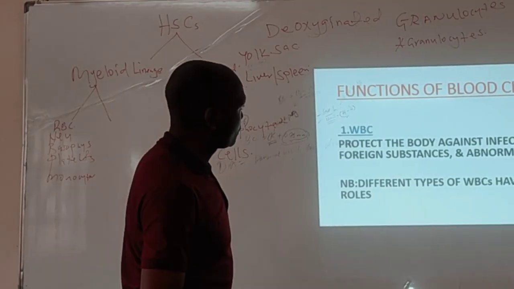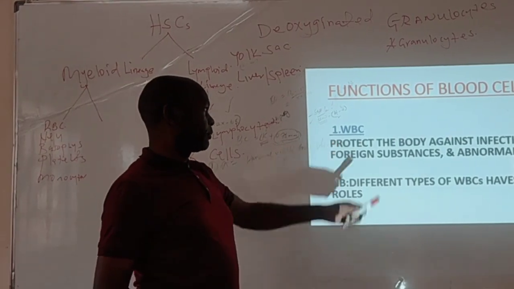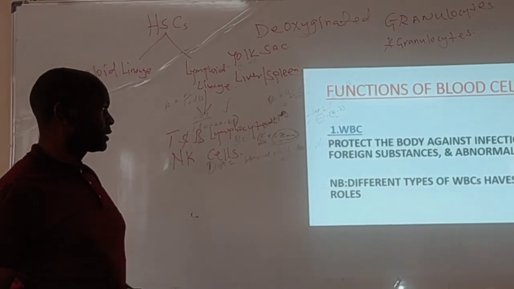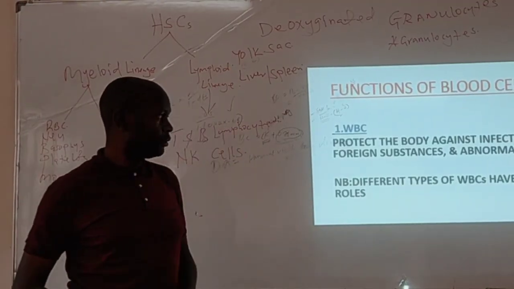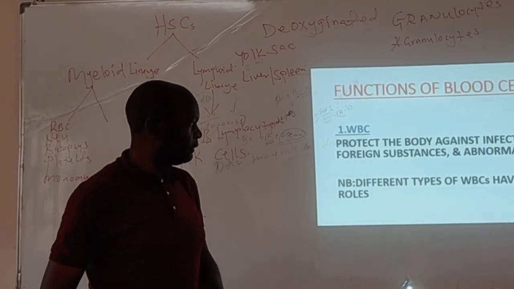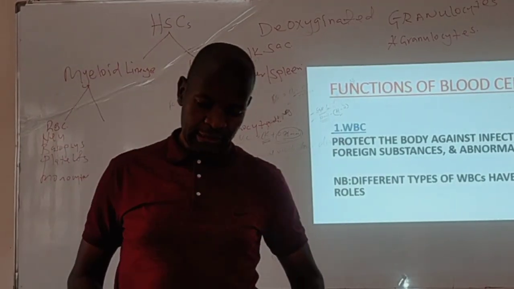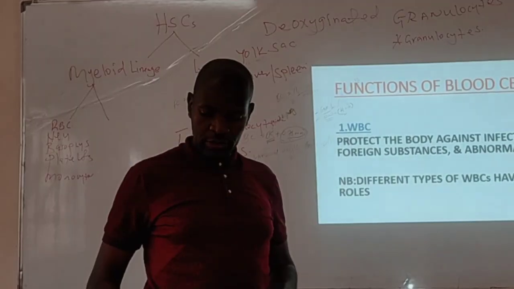So what are the functions of blood cells? The white blood cells protect the body against infections, including foreign substances and abnormal cells. What you need to remember is that different types of white blood cells are specialized to perform different roles.